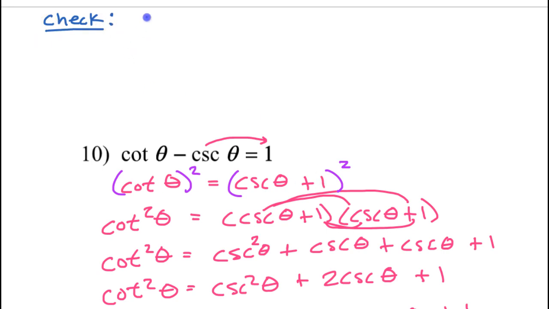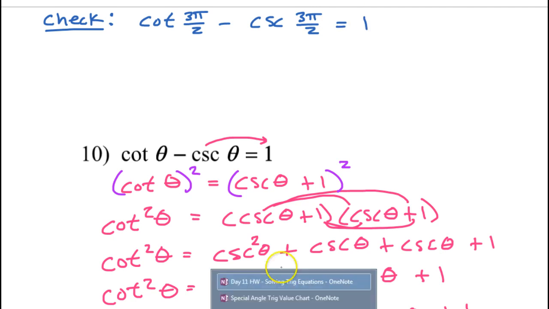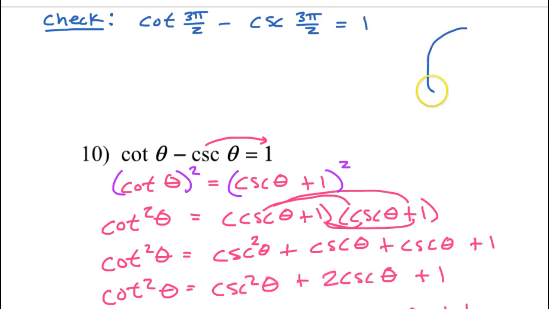We have the cotangent of 3 pi over 2 minus the cosecant of 3 pi over 2 is equal to 1. Now, remember that 3 pi over 2 is a quadrantal angle, so let's draw that one more time. 3 pi over 2 is right here at (0, -1).